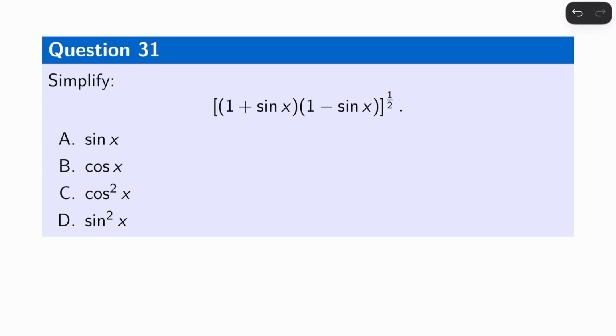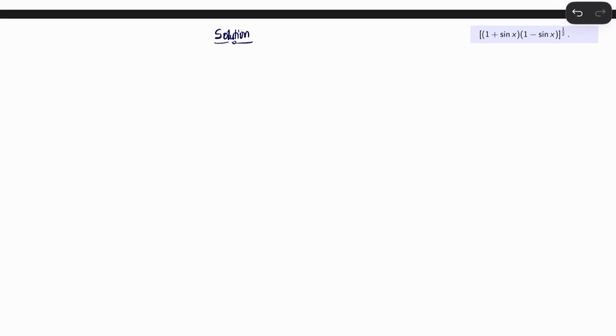Question 31. Simplify 1 plus sine of x multiplying 1 minus sine of x, all exponent 1 over 2. Solution. Here we have the expression 1 plus sine of x multiplying 1 minus sine of x, all exponent 1 on 2, right? So now let's first simplify what's inside the square brackets.